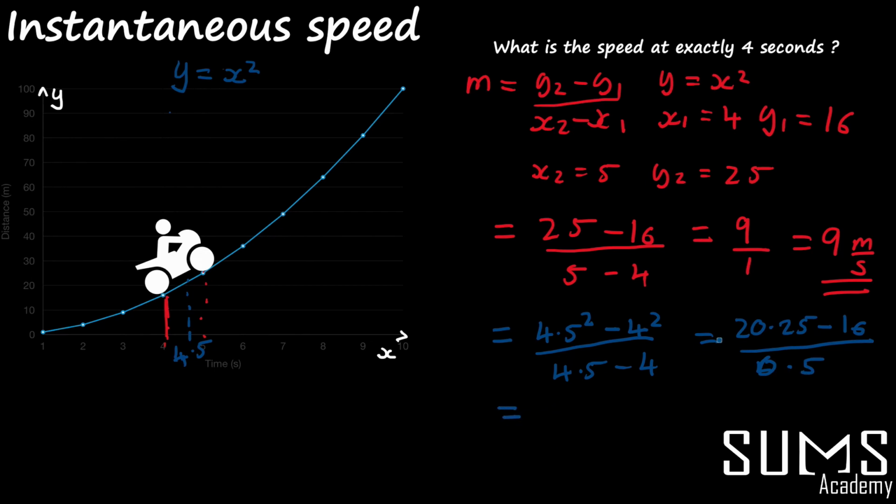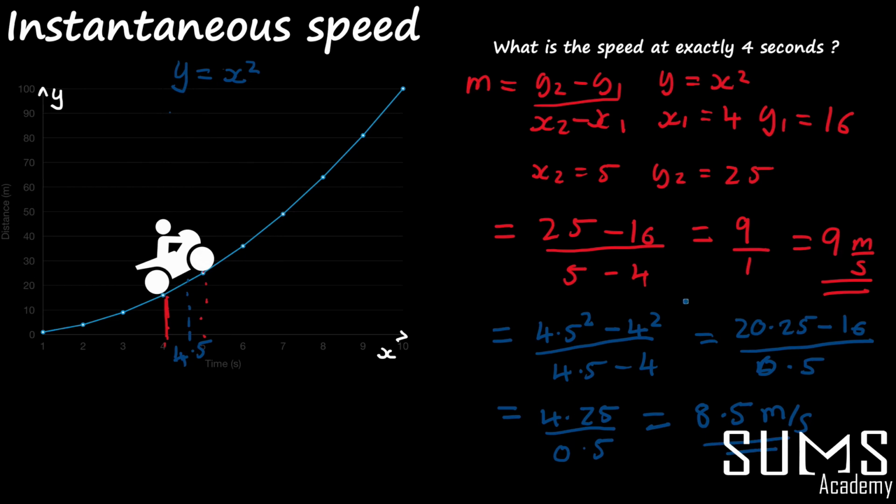So what does this equal? You take these two away from each other and you get 4.25 all over 0.5. Something divided by 0.5 is just the same as doubling it. And that gives you a final answer of 8.5 meters per second.